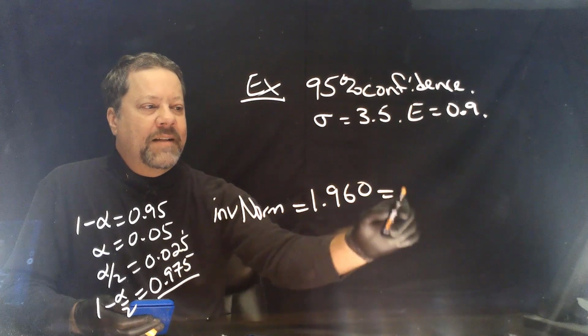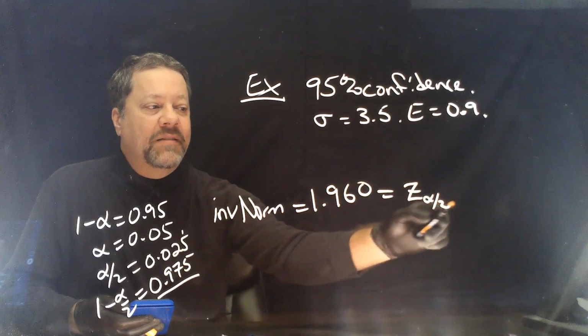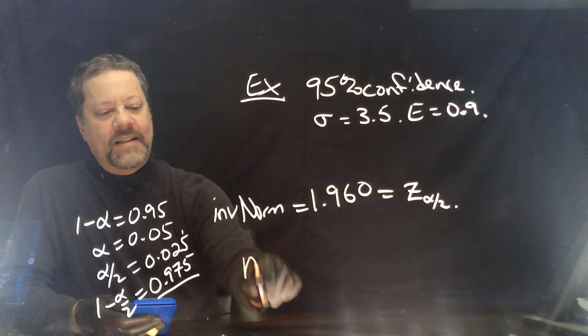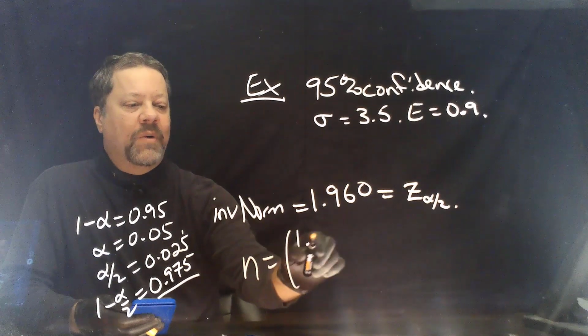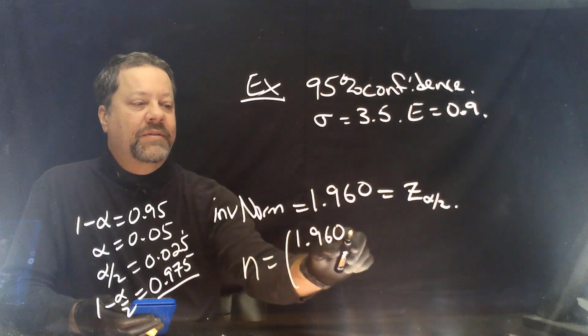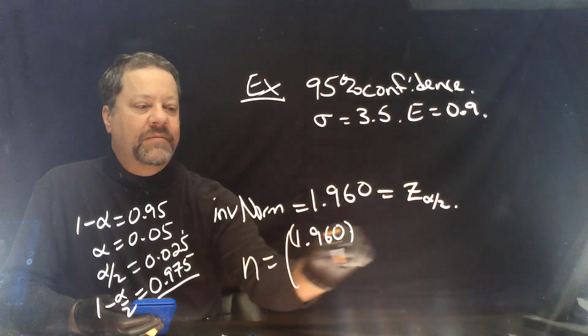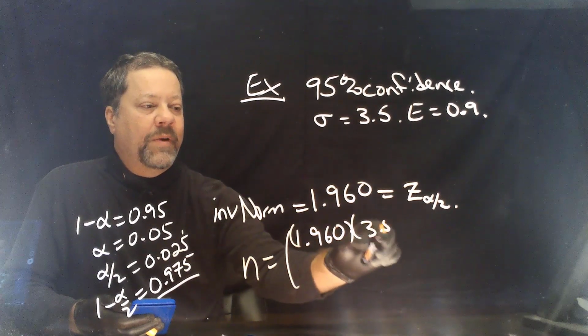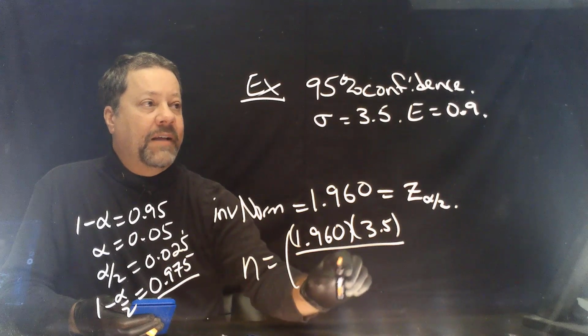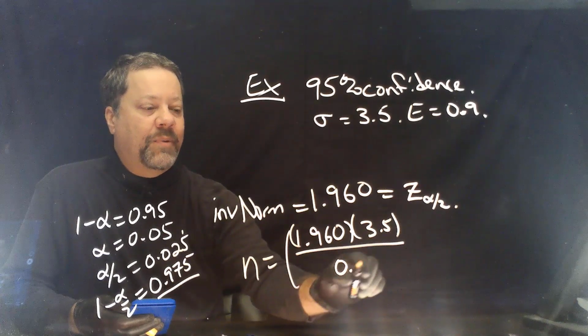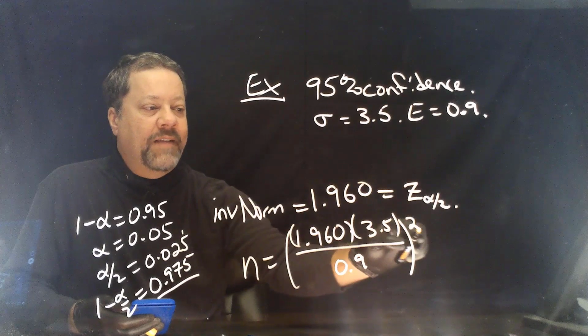That's our critical z. The sample size will be our critical z, 1.960, times the standard deviation, 3.5, divided by the margin of error, 0.9, and then squared.